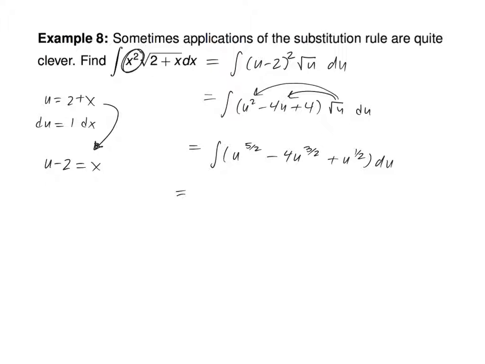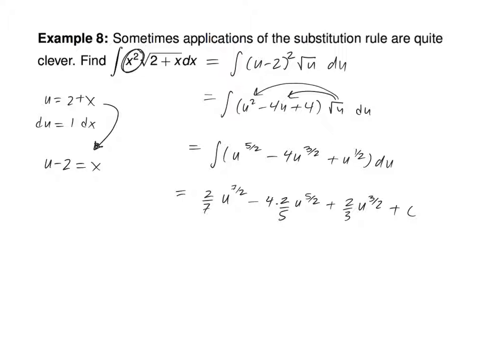So what's the antiderivative of u to the 5 halves? 5 halves plus 1 is, I think it's 7 halves, isn't it? And then a coefficient of 2/7, minus 4 times u to the 5 halves, coefficient 2/5, plus 4 times u to the 3 halves, 2/3.